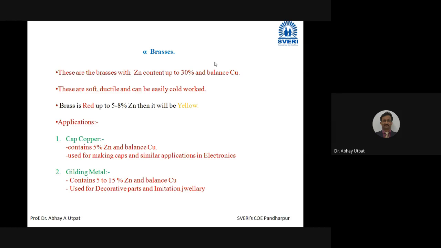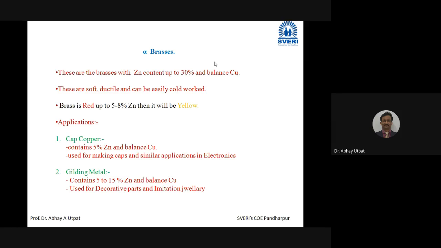These are soft, ductile and can be easily cold worked. Now one logic I will tell. Throughout, you remember, when there is only single phase, it is always soft. So in case of iron carbon system, alpha ferrite is a soft phase.